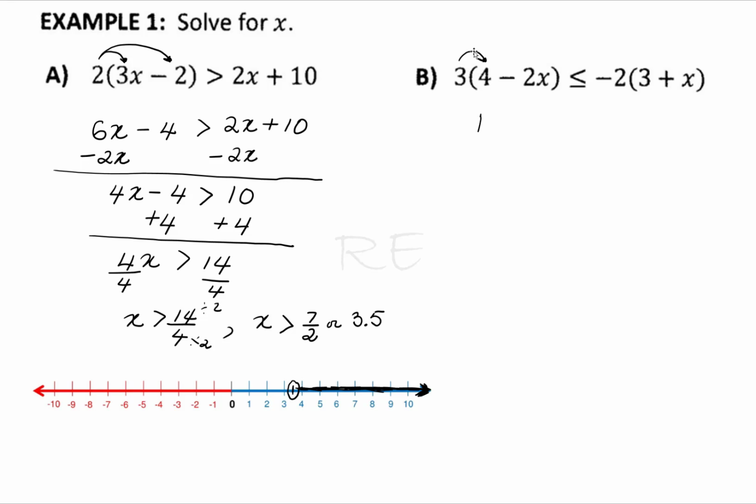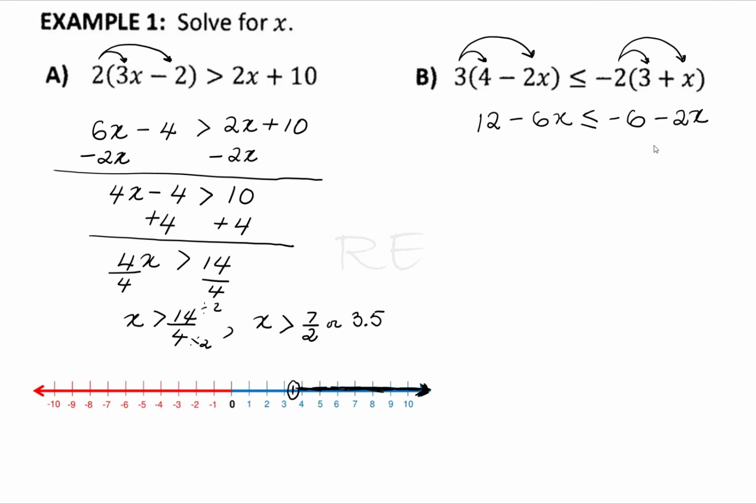Distribute 3 over 4 minus 2x. 3 times 4 is 12. And 3 times negative 2x is negative 6x. Less than or equal to. Distribute negative 2 over 3 plus x. Negative 2 times 3, negative 6. And negative 2 times x, negative 2x.